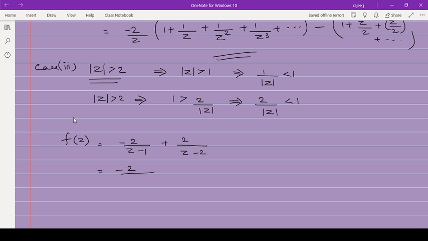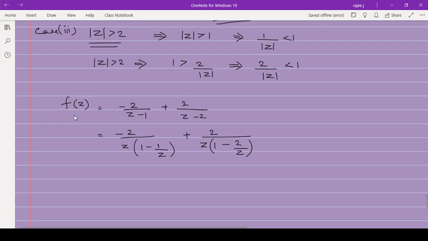So we will take z common and here 1 minus 1 by z will come. So 1 minus 1 by z plus here 2 upon what should come? 2 by z should come here. So here we will take z common into 1 minus 2 by z. Right. Then take it to the numerator and then simplify.